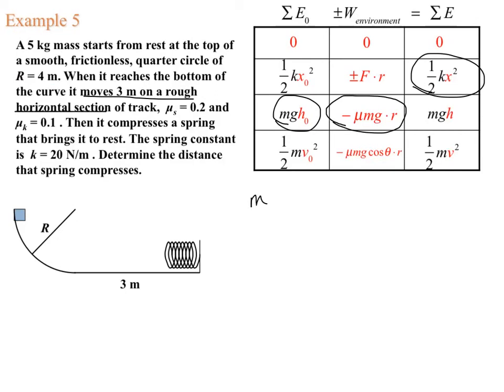So again, we have mgh, where in this case h naught is 4 meters. We're losing energy due to friction. And we are going to convert all of that energy, including that thermal that we lose to friction, into kinetic energy, to spring potential. And so in this problem here, we're trying to solve for x, how much it is compressed.